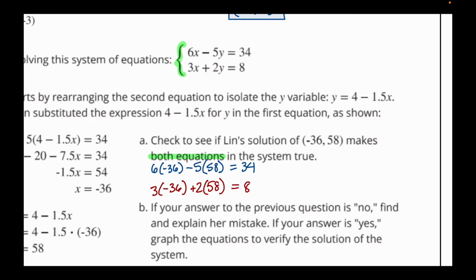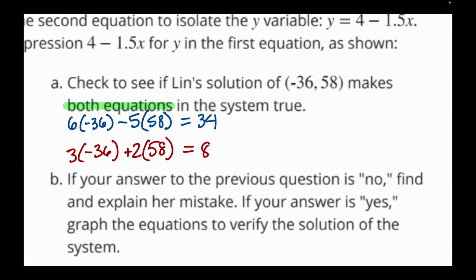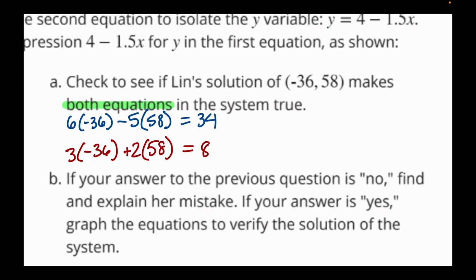Okay, so checking this first one, these numbers are kind of big, so don't be afraid to use a calculator. I'm using a calculator here myself because I want to make sure I don't do this wrong. But even then, you can still mess up when you use a calculator, so just be careful. So 6 times 36 is going to give us 216, negative 216 actually.